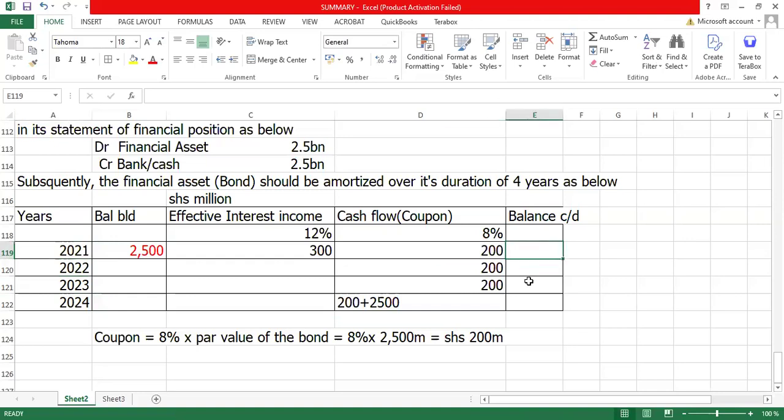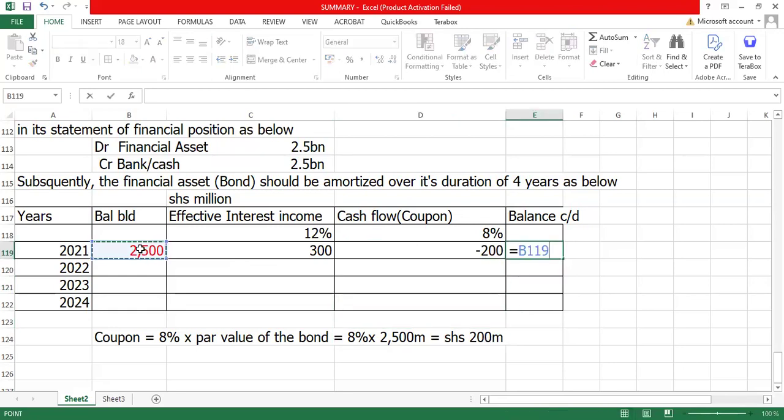Okay, so how do you get balance carried down? You simply get the balance brought down plus this. Put these figures in brackets.